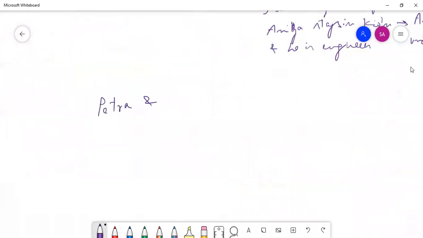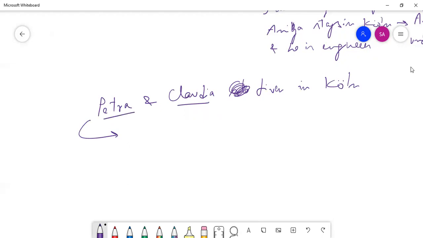Petra and Claudia live in Köln. So here, if I were to replace these two people, first of all, you see that I'm not saying Mrs. Petra and Mrs. Claudia.